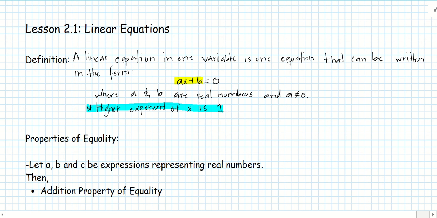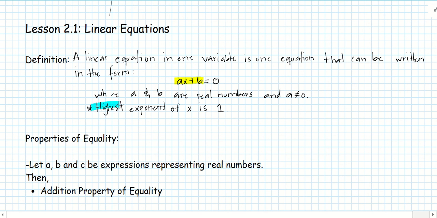I was supposed to put highest exponent, not higher. That should be highest. I have to take the eraser here. Okay. So, the highest. There. Cool.